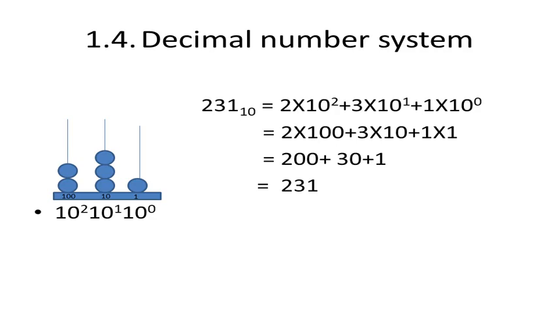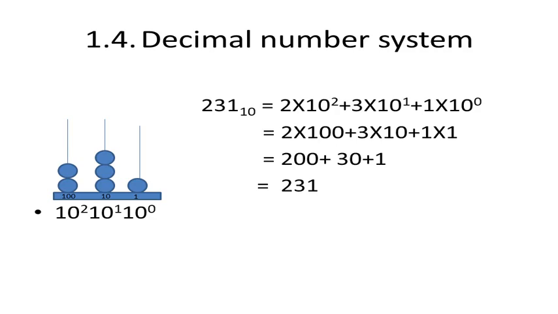Then we go to the tens place. It is 10 to the power 1, and it is multiplied by 3. That means 10 to the power 1 means place value is 10, and it's multiplied by 3. These 3 pebbles represent 30.